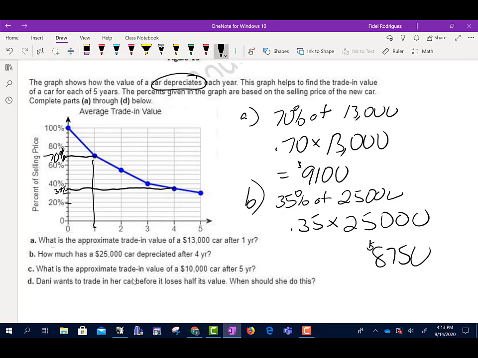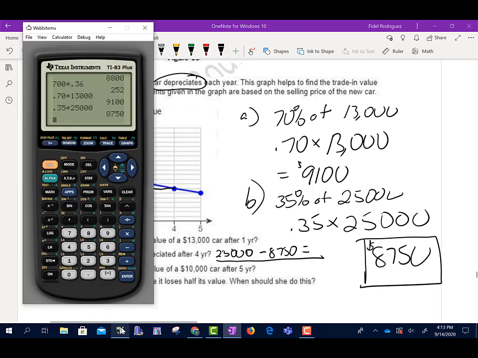But this here would be the trade-in value, right? It's asking me how much it has gone down in value. So to actually answer part B, what I need to do is take 25,000, not 2,500, but 25,000, and subtract 8,750 to figure out how much it's gone down.